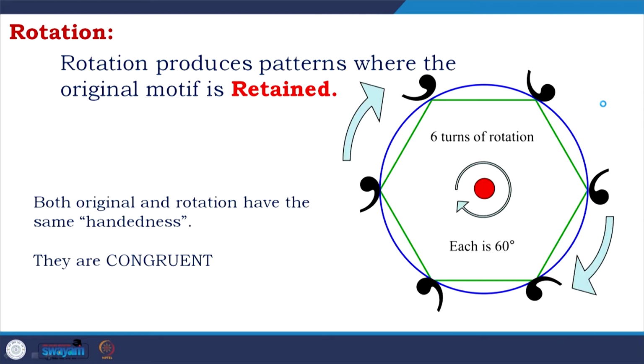Rotation produces patterns where the original motif is retained. If you see the original motif, as I was talking about the hexagon here, in each case it is sixfold. So, 60 degree rotation, and both original and rotated have the same handedness and they are congruent. What is congruent?